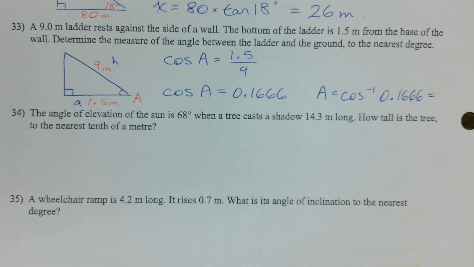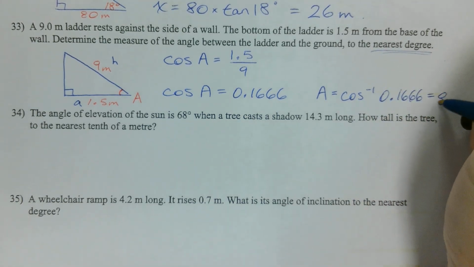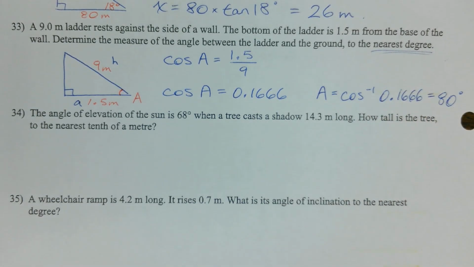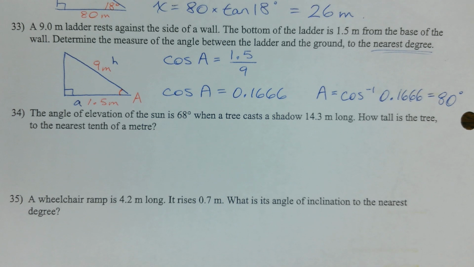Okay, and so when we do the cosine inverse on the calculator, inverse cosine, you get 80.4. It says nearest degree, so 80 degrees. All right. On the test, make sure your degree sign looks like a degree sign and that it doesn't look like 800. I've seen people's degree sign look bigger than a 0.